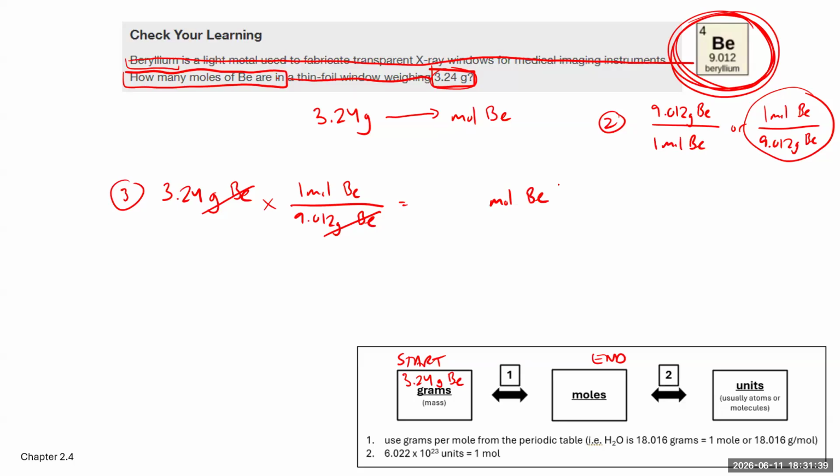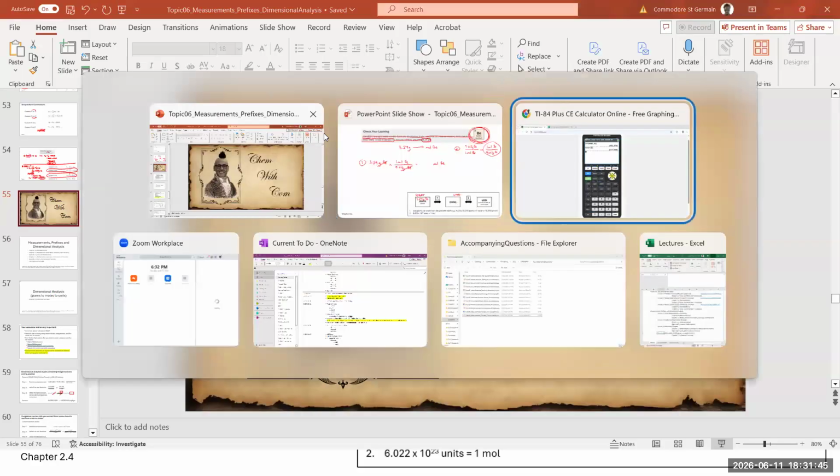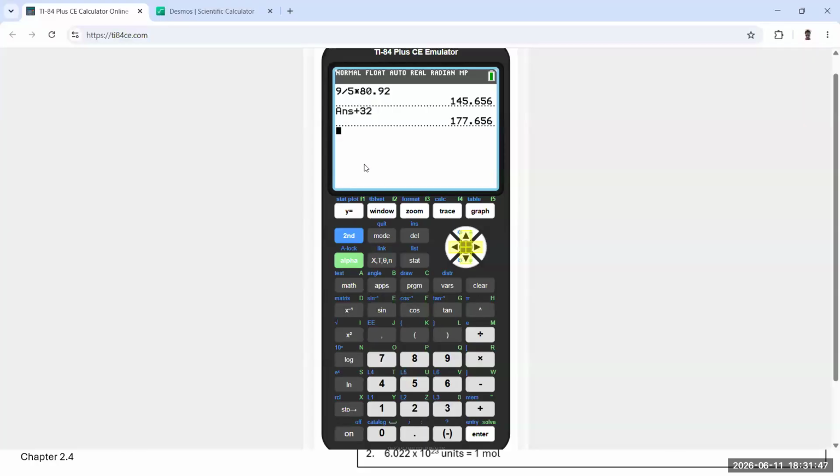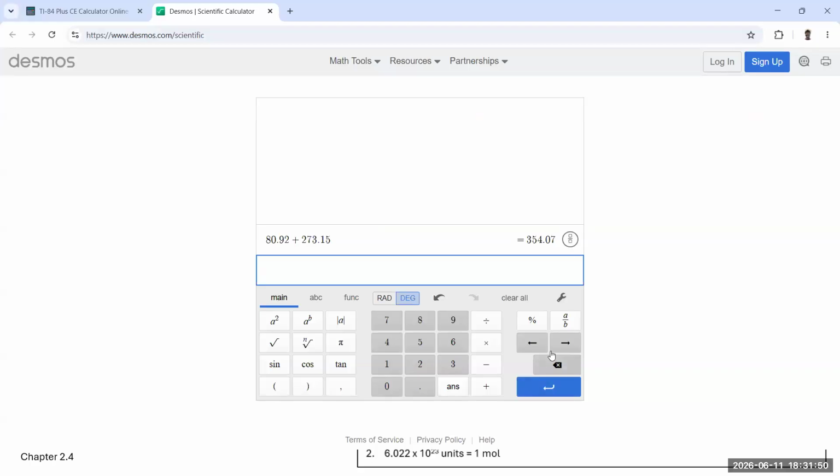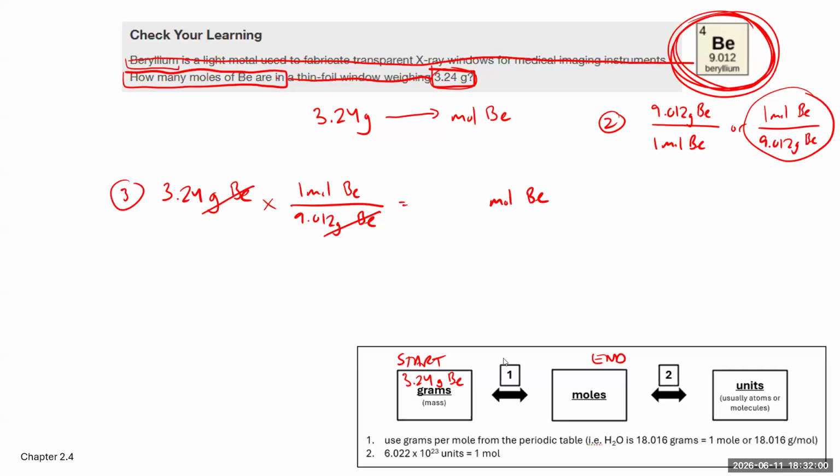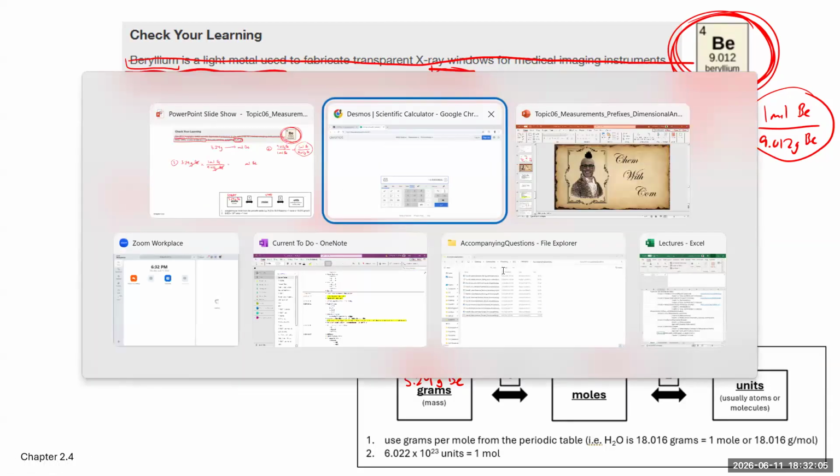All right, let's plug this into our digital calculator. 3.24 divided by 9.012. All right, let's use this other one. Let's clear this. 3.24 divided by 9.012. Let me just make sure I did that right. 3.24, 9.012.